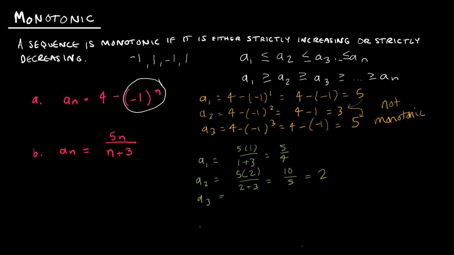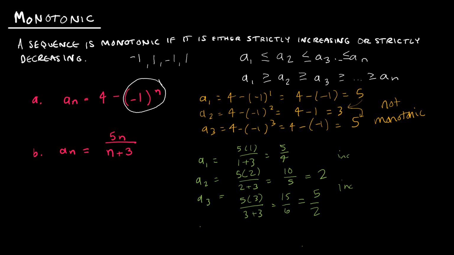So obviously that increased. Now let's see what's going to happen with a sub 3. 5 times 3 over 3 plus 3, which is 15 over 6. 15 over 6 is the same as 5 halves, and obviously that increased again from 2 to 2.5.